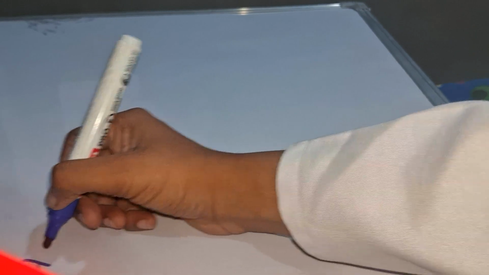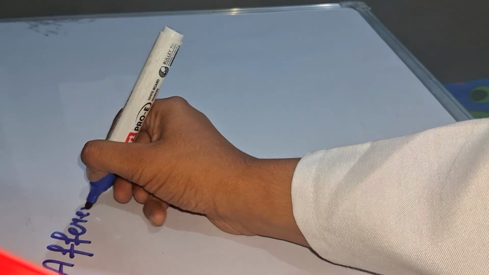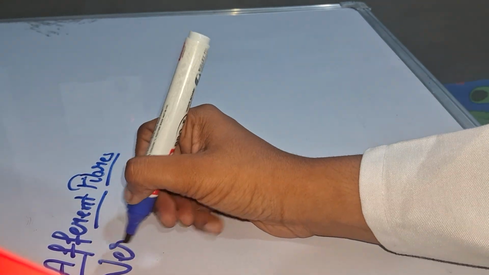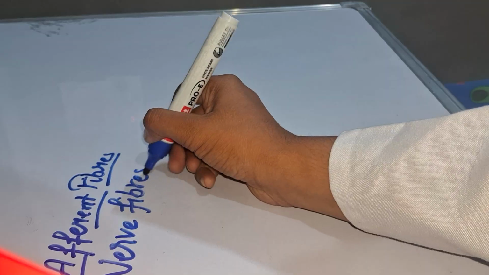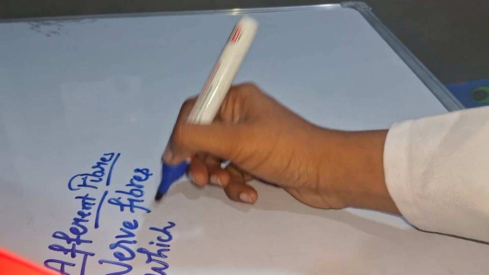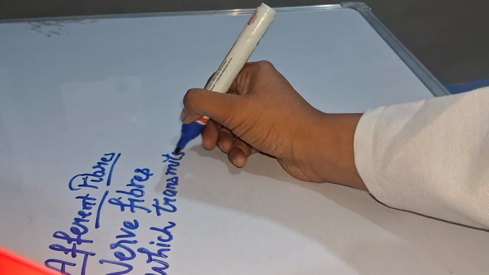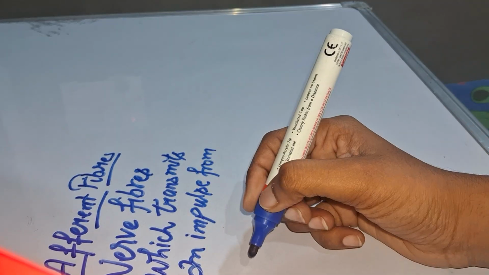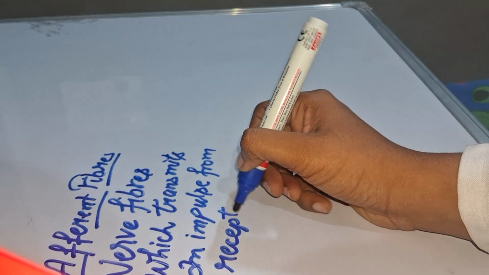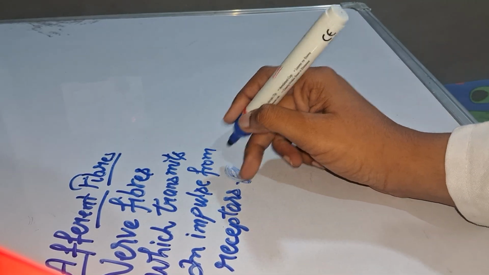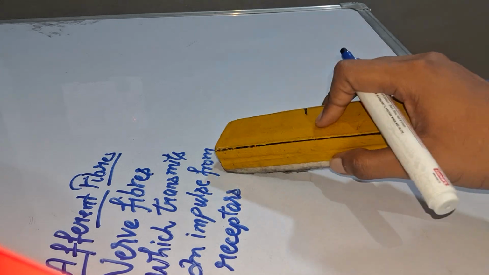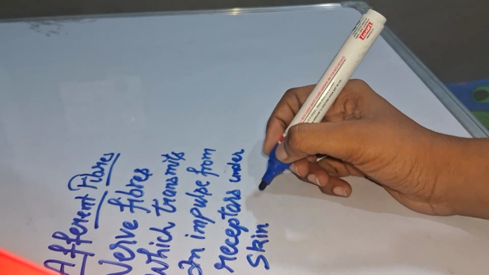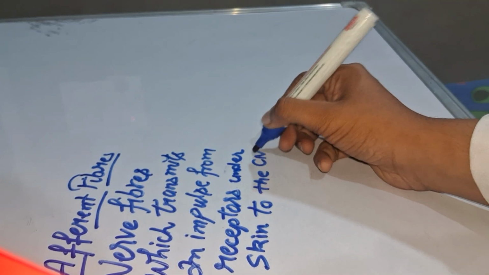First of all, afferent fibers. These are the nerve fibers which transmit an impulse from receptors under the skin to the central nervous system.